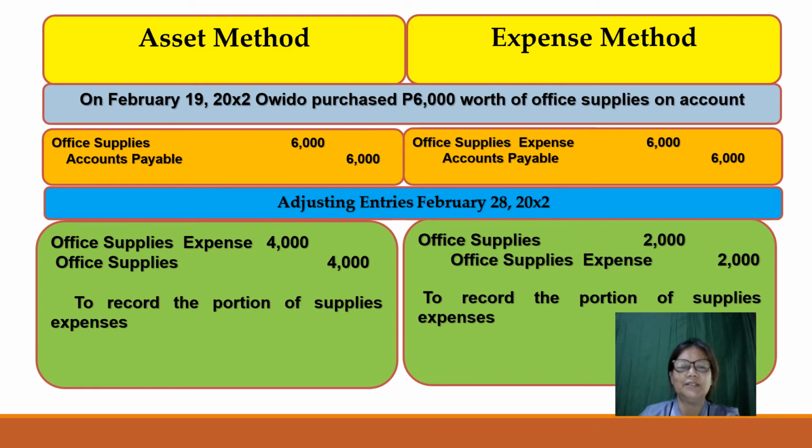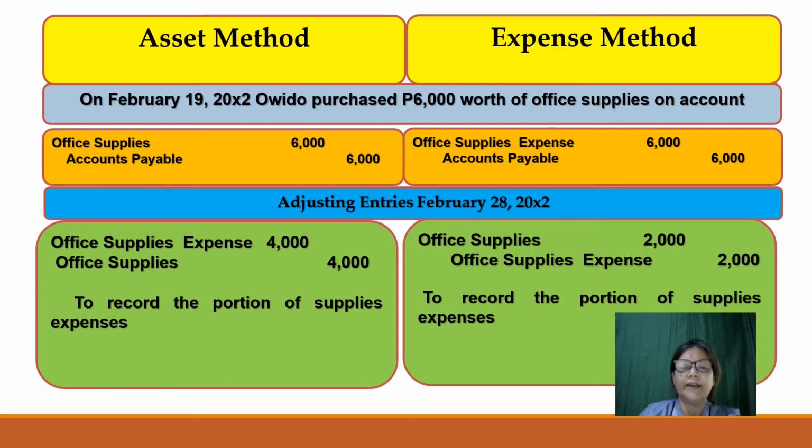Okay, very good. Now, under the expense method, what happened? The office supplies was debited for 2,000 to show that there is an unused amount of 2,000 pesos.